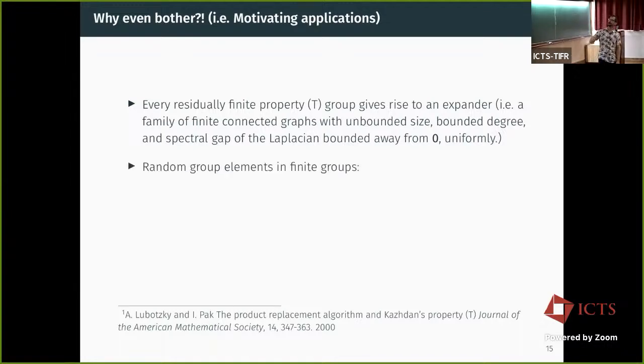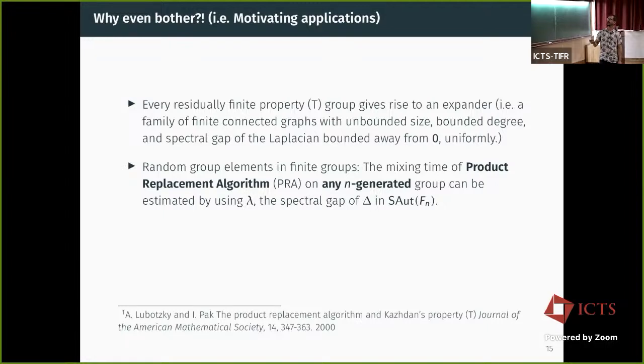Okay. But there is also a different motivation that is particular to property T and the automorphism group of the free group. Namely, if we are after random group elements in finite groups, there exists an algorithm called the product replacement algorithm, which is some form of a random walk. And we can prove that the mixing time of this random walk can be estimated using this lambda for this special automorphism group.